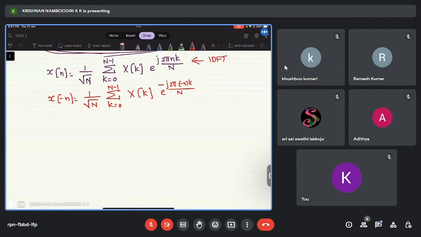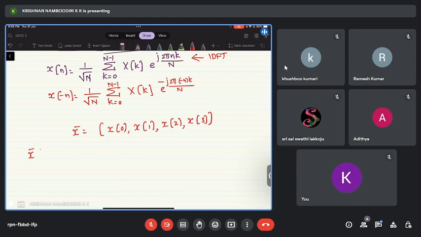The vector x is equal to x0, x1, x2, and x3. Now, what is the sequence x of minus n? I will call it some y, which is equal to, minus of 0 is nothing but 0 itself, correct?